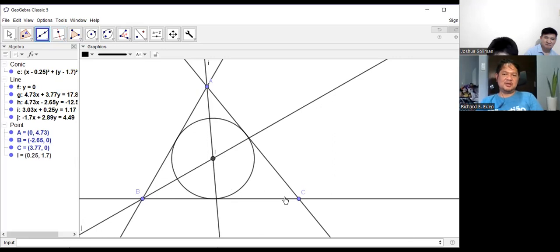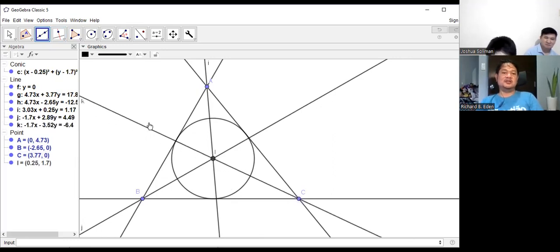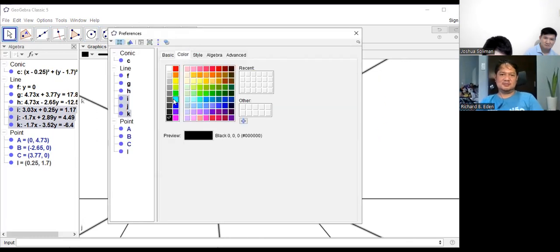Okay. Kasi remember, the external angle bisector is perpendicular to these internal bisectors. So itong internal bisectors, kulayan na natin sila para hindi tayo masyadong malito. Let's use green.